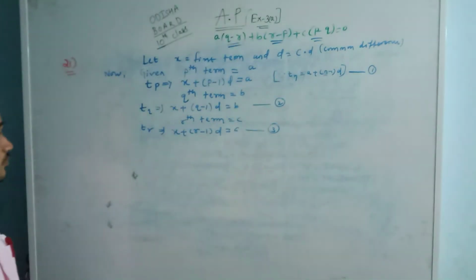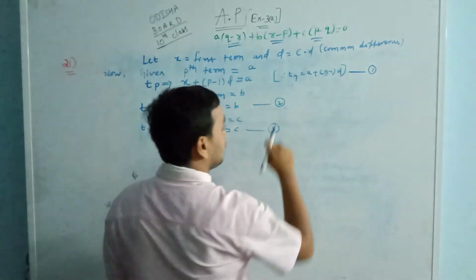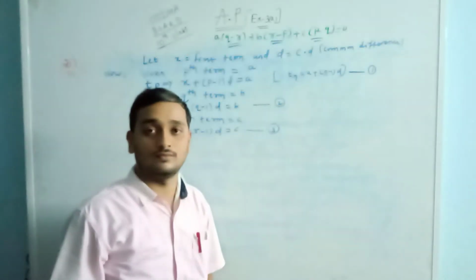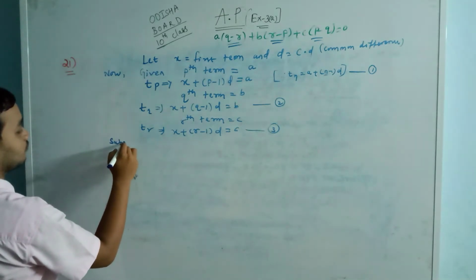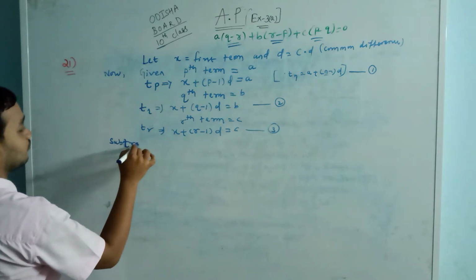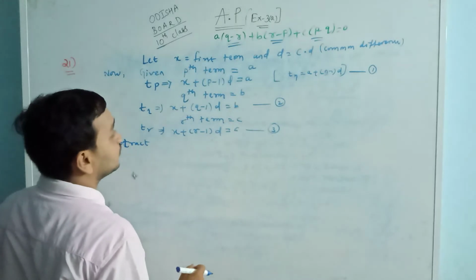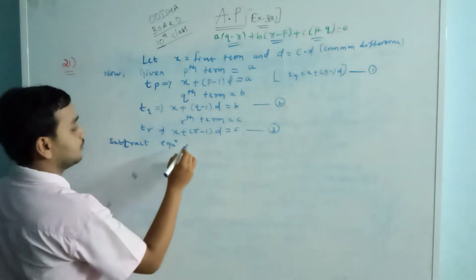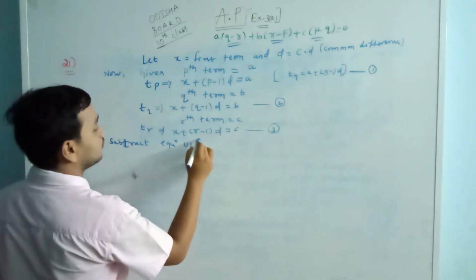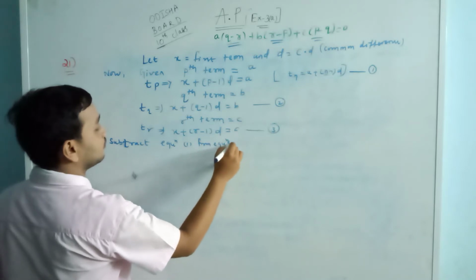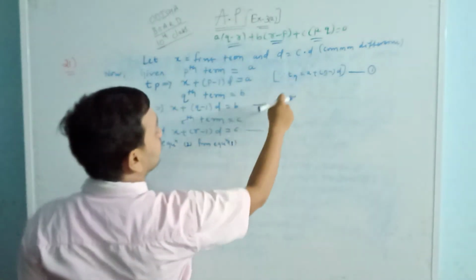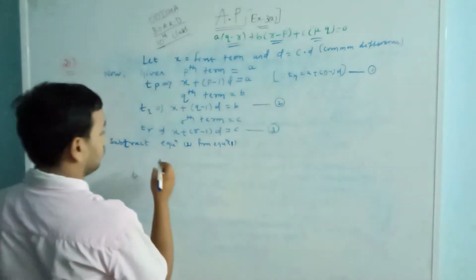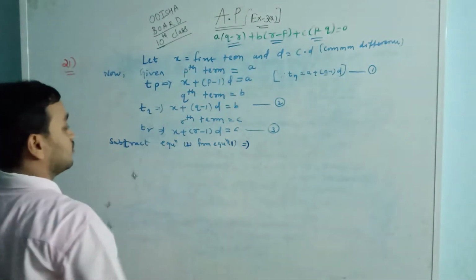First, from equation 1 and equation 2 we have to subtract. Subtract equation 2 from equation 1.